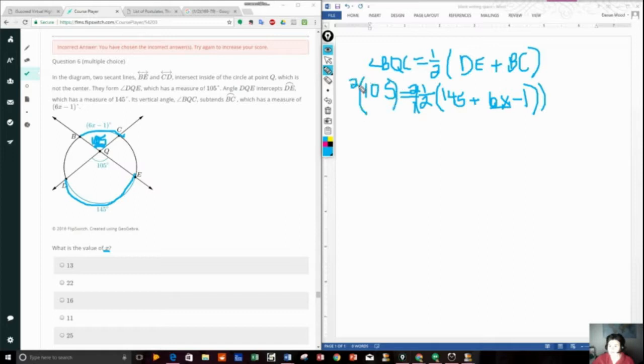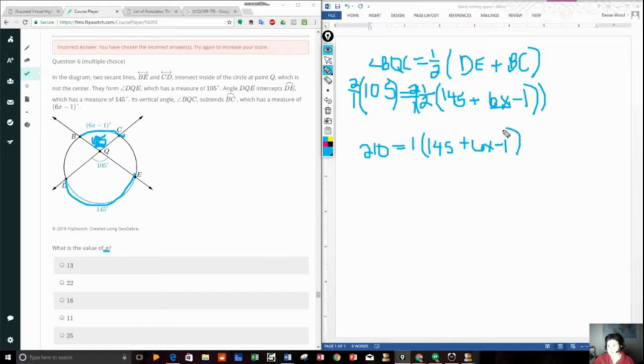So we have 2/1. So 105 multiplied by 2, because 2/1 is 2, is going to be 210. That's going to equal 2 times 1/2 is just 1 times 145 plus 6x minus 1.